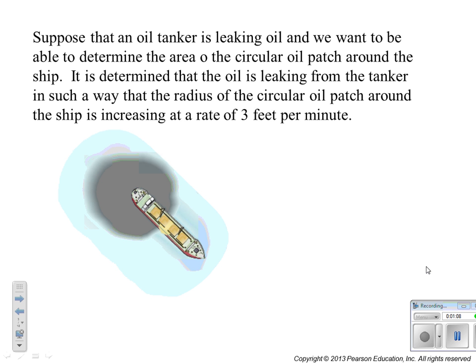So our radius increases at a rate of 3 feet per minute. So our radius, r, as a function of time. So now this function notation is starting to become important because it identifies what is changing with respect to what variable. So my radius r as a function of time is 3 times t minutes, or 3t.